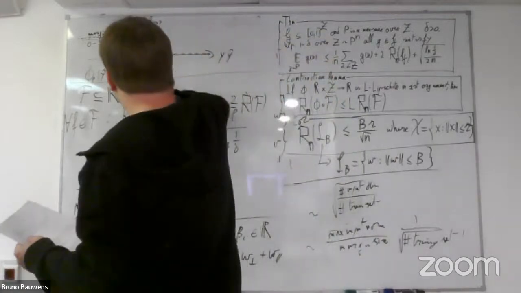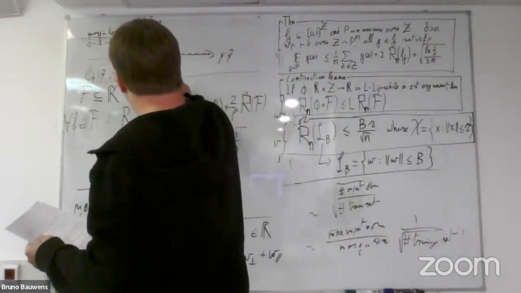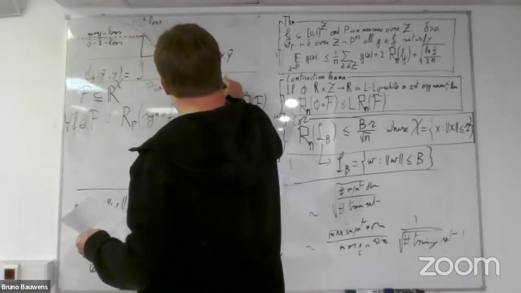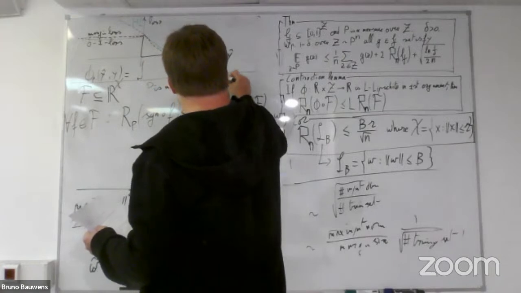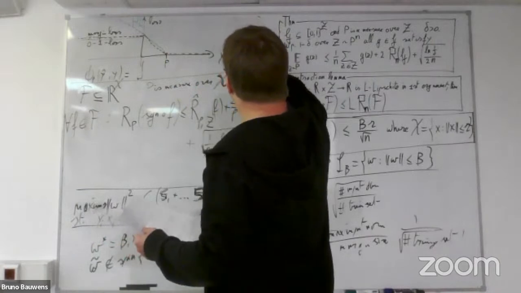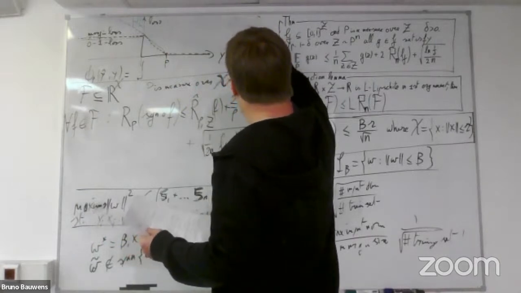And we have the same thing again: P is a measure over x times y, where y is now of size 2.